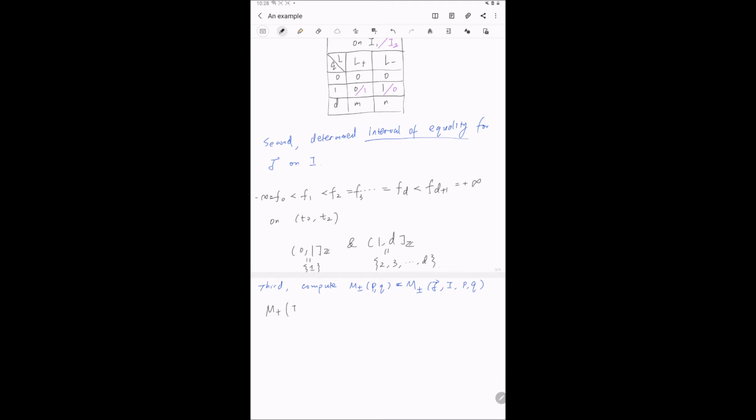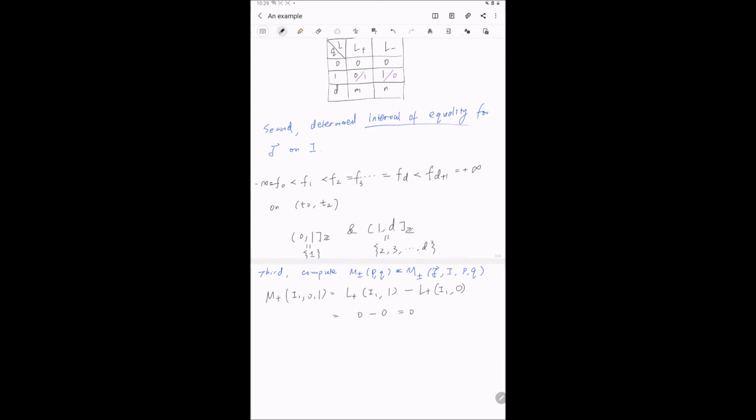M plus of I1, 0, 1 equals L plus of I1, 1 minus L plus of I1, 0, which is based on the table above 0 minus 0, which is 0. And you can compute the rest directly using the table above. So this completes the third step.